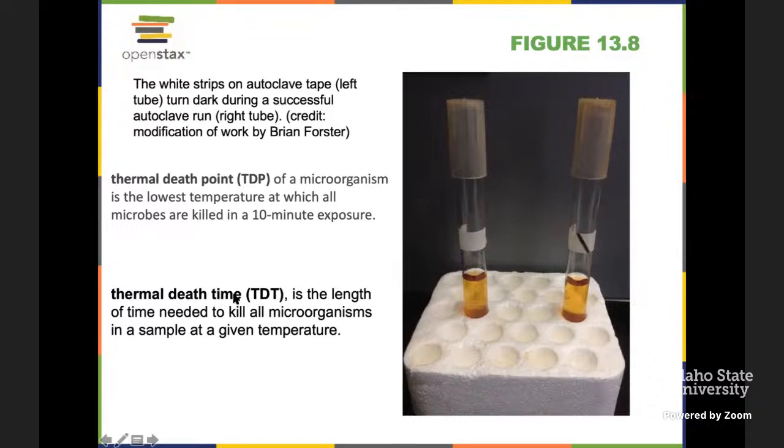With the death point, we've got a specific 10-minute time. With the thermal death time, now we're trying to figure out the length of time. So how much time is needed to kill all of the organisms at a respective temperature? Now we're keeping the temperature constant. How long would I need to keep something at 70 degrees Celsius or at 121 degrees Celsius to ensure that it's truly effective?